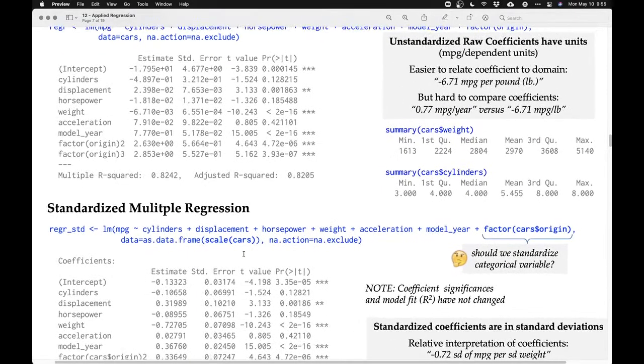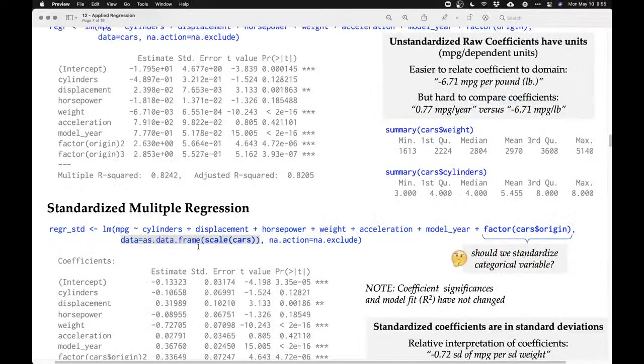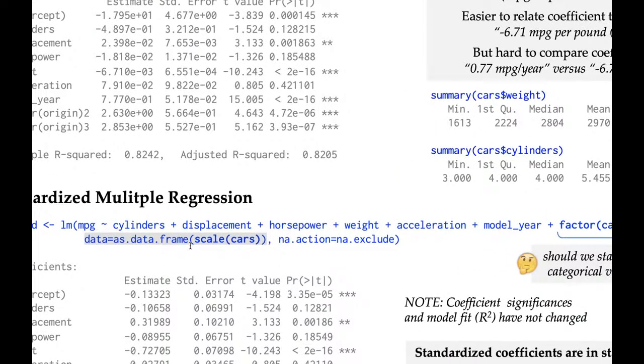This is my way of doing it. I've told it that my data is this time coming from a scaled version of the cars data set. So if I don't tell you where the variable is coming from, assume it's coming from the scaled data set. So miles per gallon is now scaled. Cylinders is scaled. Displacement is scaled. All of these are now scaled.